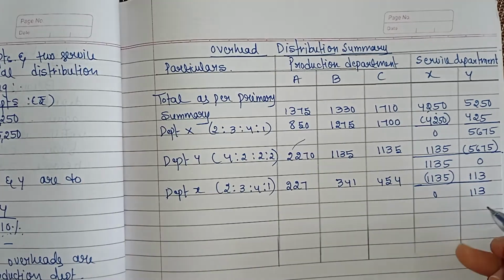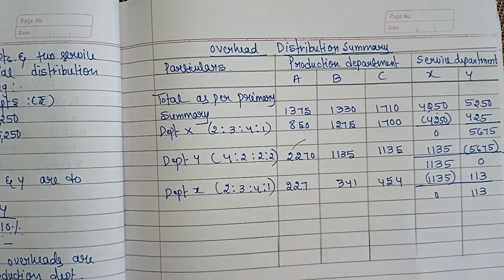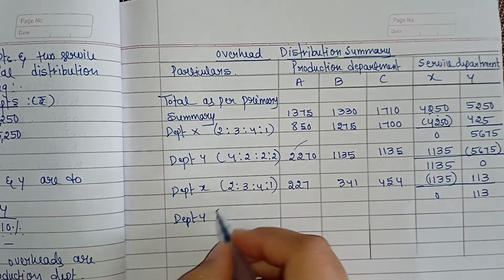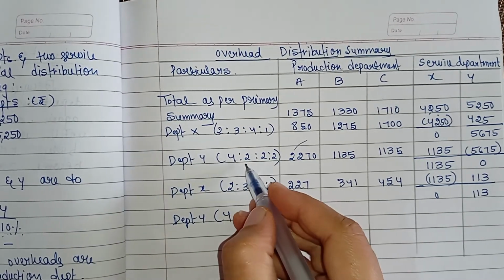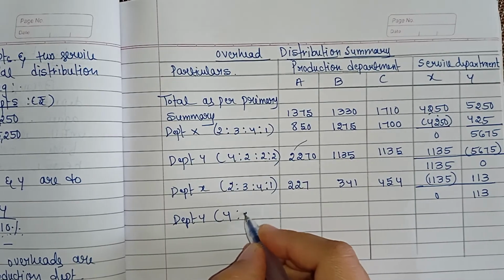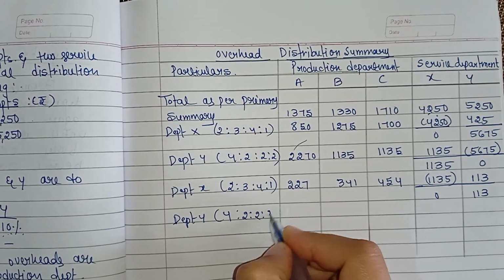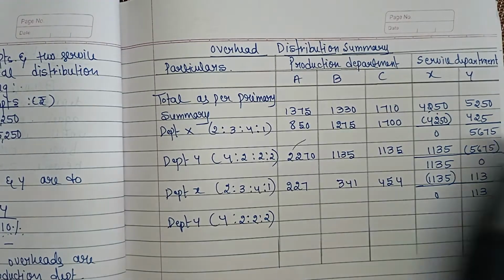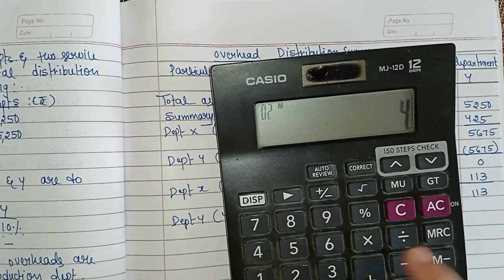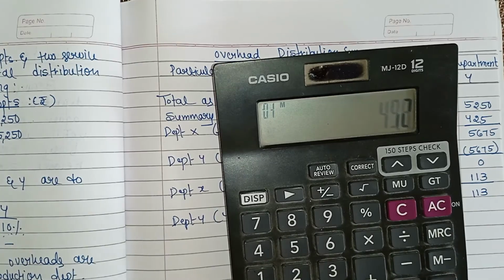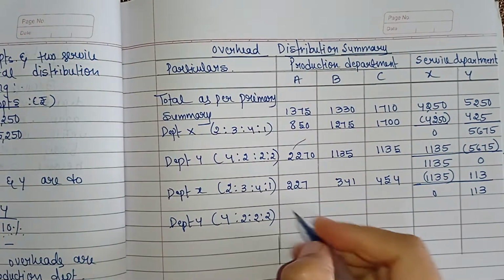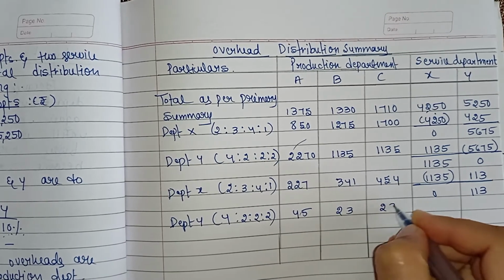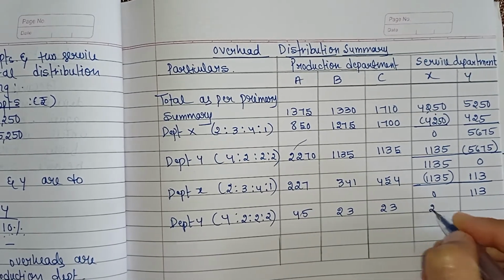Now again we need to redistribute Y department's expenses. Department Y on the basis of, see here, 4:2:2:2. So 113 into 4 divided by 10, that is 45. 45, 23, 23, here take it as 22.